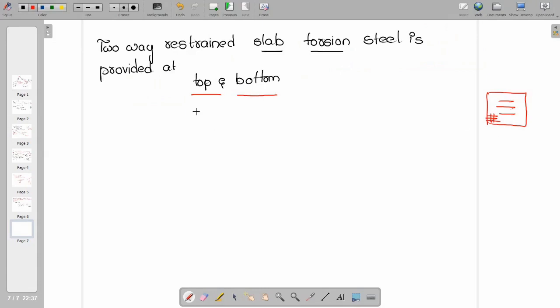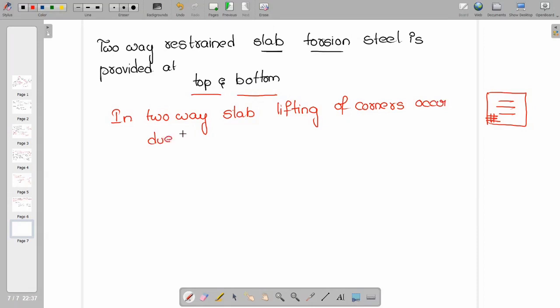Next, in a two-way slab, lifting of corners occurs due to what?